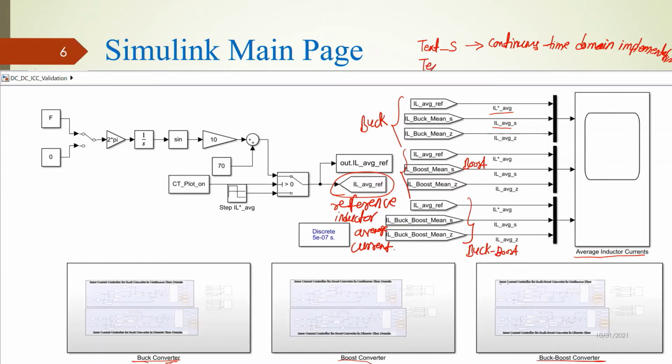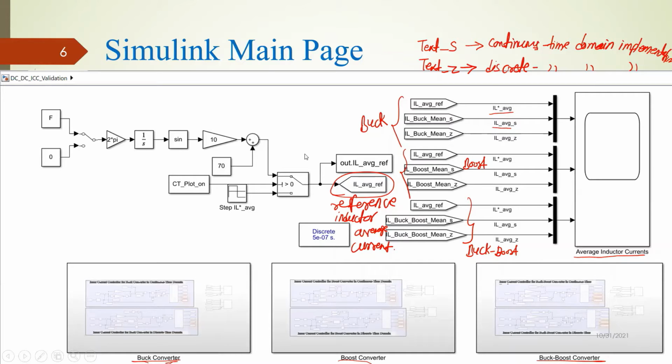And whenever you see some text underscore z, this means discrete time domain implementation. So you can use this notation to see whether we implemented the control in continuous time domain or discrete time domain. And this is the reference signal which goes the same to all the DC-DC converters.